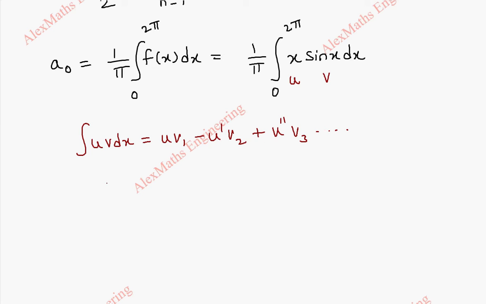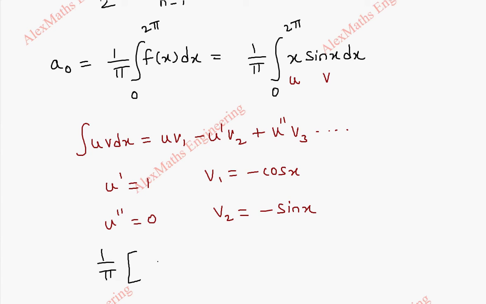So from u we can find u dash, which is 1, and u double dash, which is 0. From v we can find v1 by integrating, which is minus cos x, and the next integration will be minus sin x. Now using this in the formula, outside we have 1 by pi.